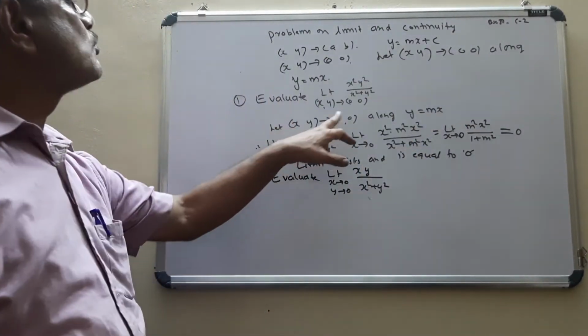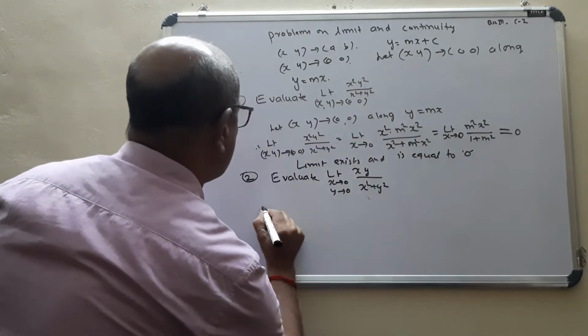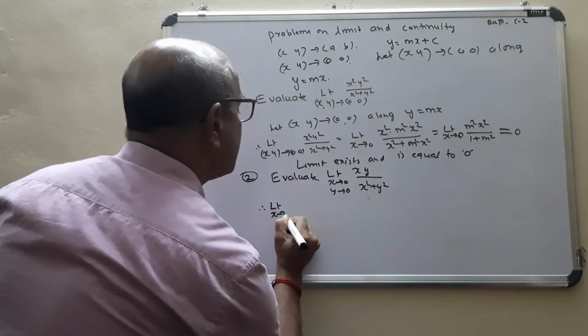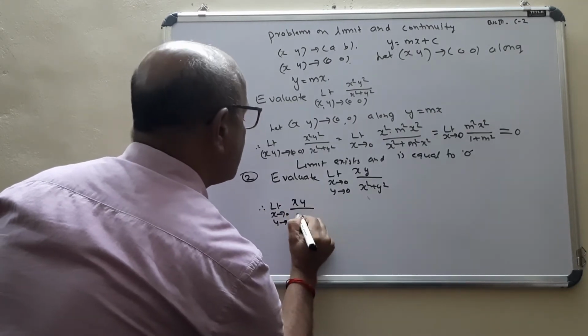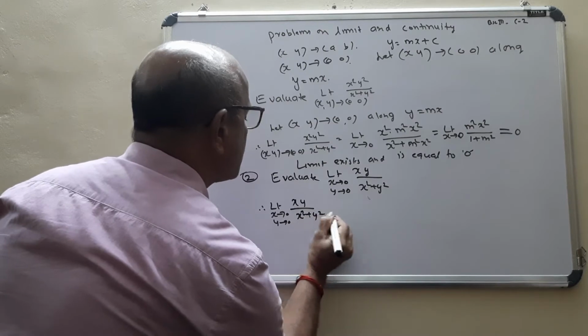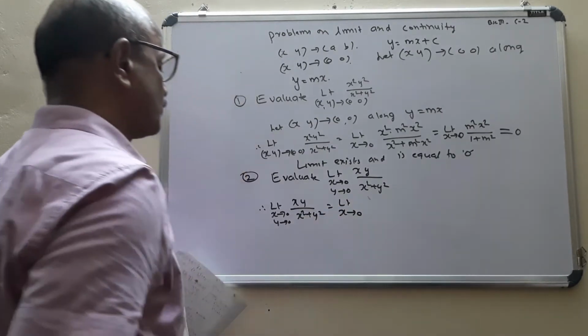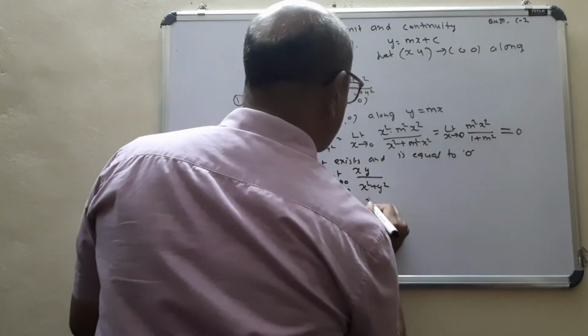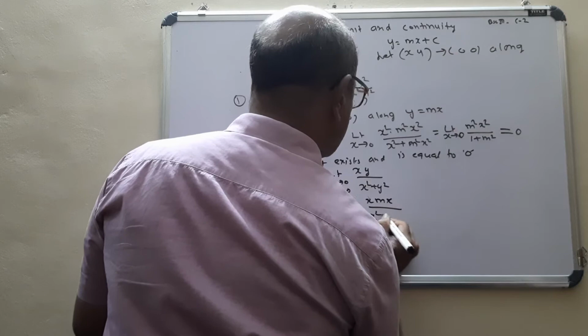Let (x, y) goes to (0, 0) along y is equal to mx. So with this assumption, the problem becomes limit x goes to 0, where y is replaced by mx, x times mx over x squared plus m squared x squared.